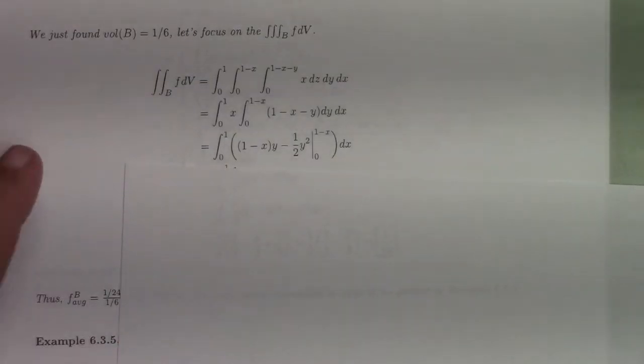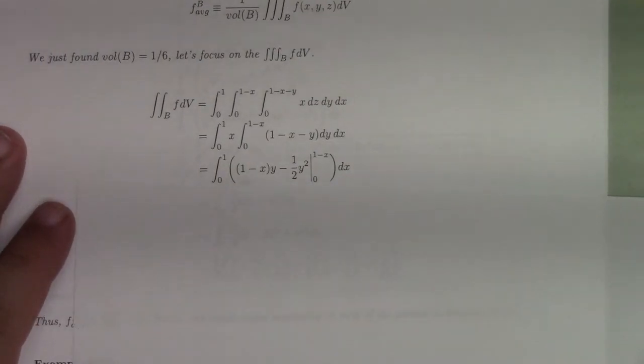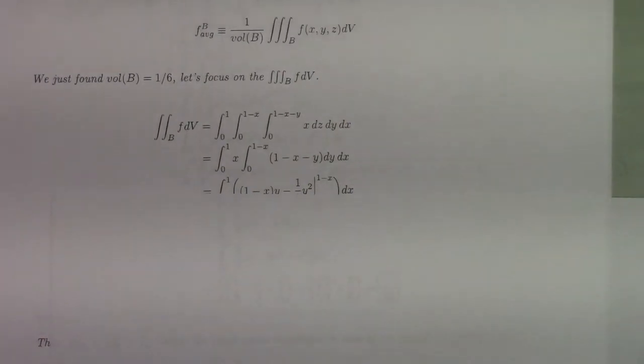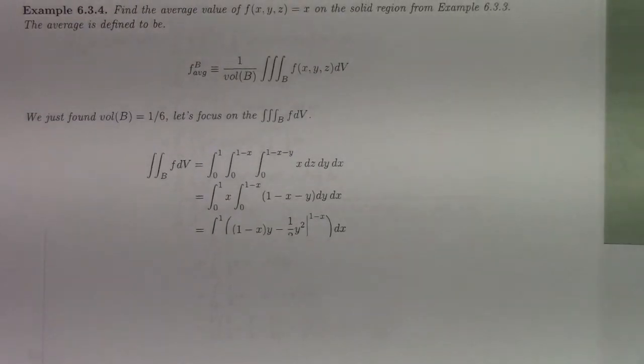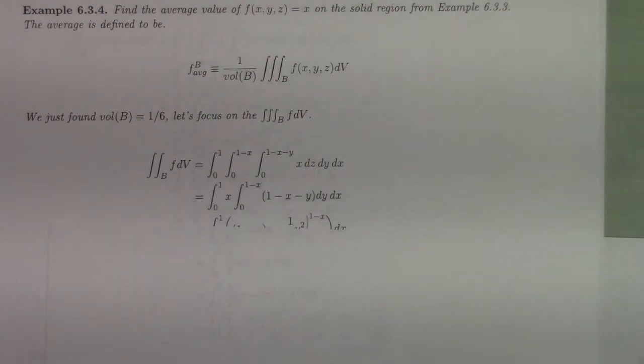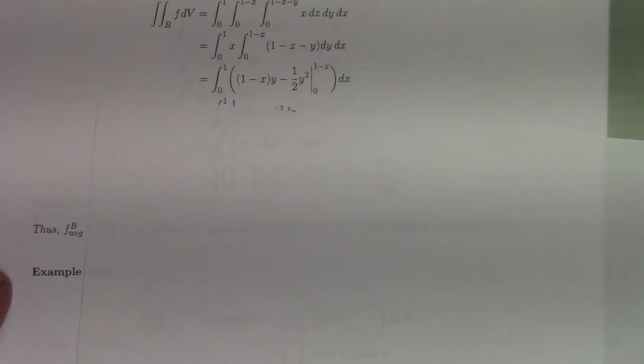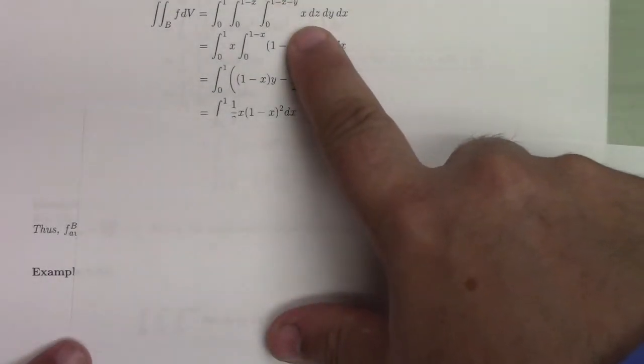And of course, you could also calculate the average of a function over a solid region. What you do is you integrate the function over the solid region and divide by the volume of the region. So here I calculate the average of x over that region. The setup is still the same logic, and now we just have to integrate with an x here.